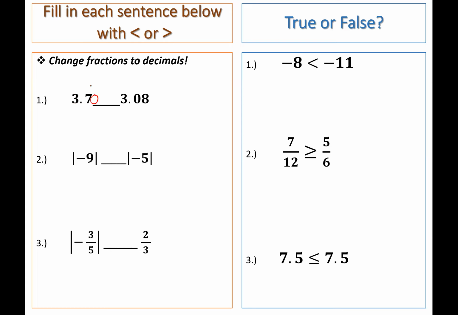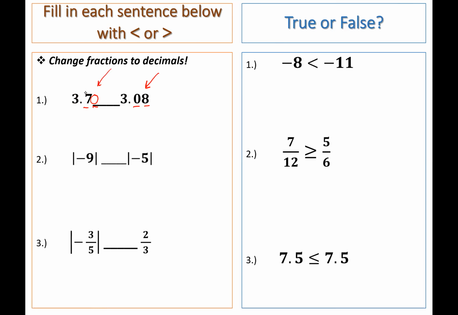If not, just notice what I did here, which is I added a 0 after the 7. This is something important about decimals. If you want to compare decimals, make sure they both end in the same decimal place. So notice how the 3.08 goes out to the hundredths place, 2 places beyond the decimal point. We really need that to be the case as well for the other number in order to compare them correctly.